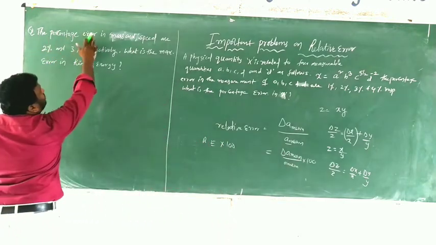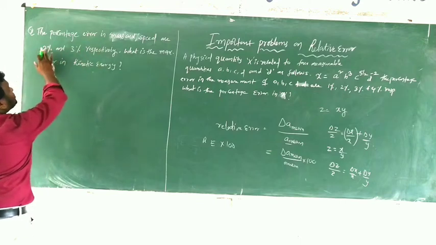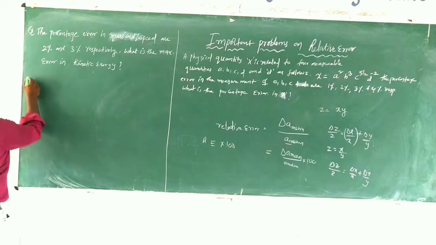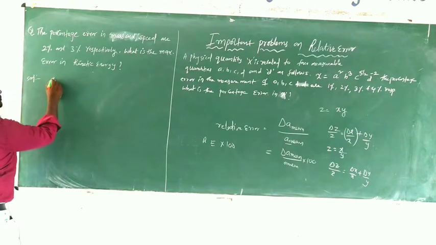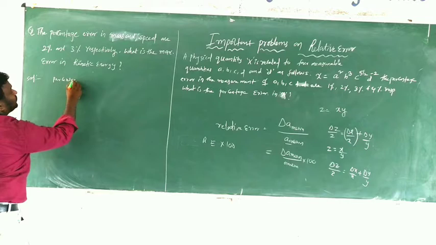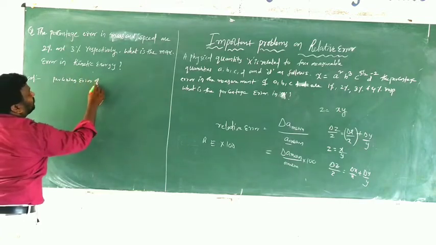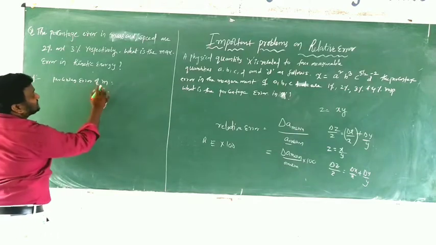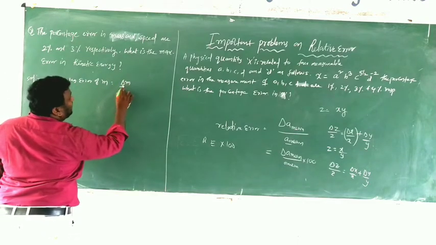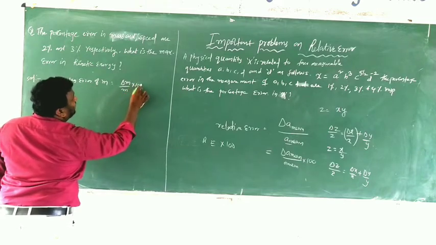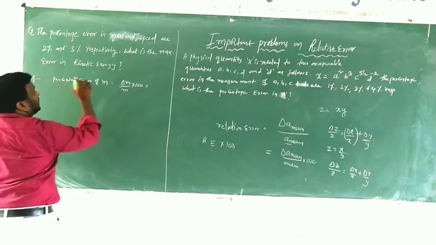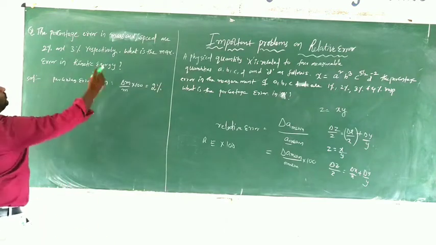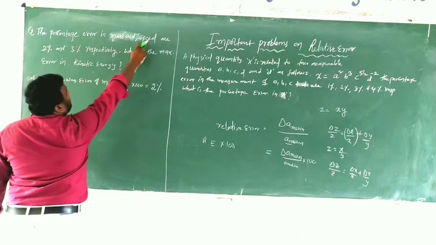The percentage errors of mass and speed: mass 2%, speed 3%. So the percentage error of mass can be written as delta M by M into 100, and it was given as 2%.